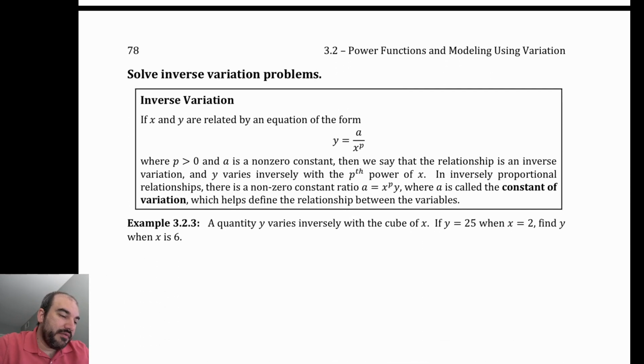Inverse variation is very, very similar as far as the steps are concerned, but the starting equation is going to be a fraction instead. So we're going to start with y equals a over x to the p. So if it says y varies inversely with the cube of x, then you would start with y equals a over x cubed, and follow the same steps to answer the question.